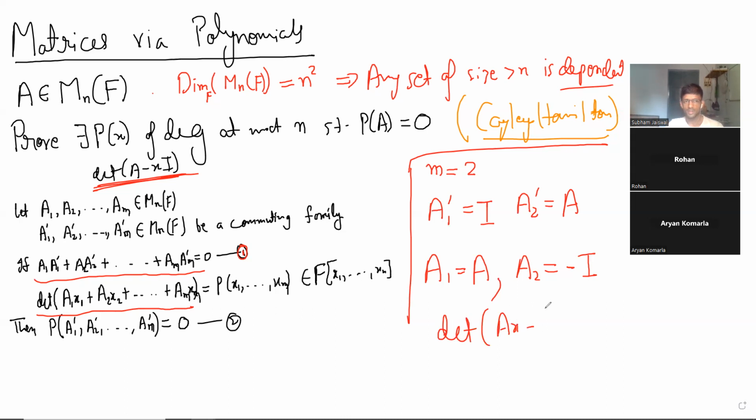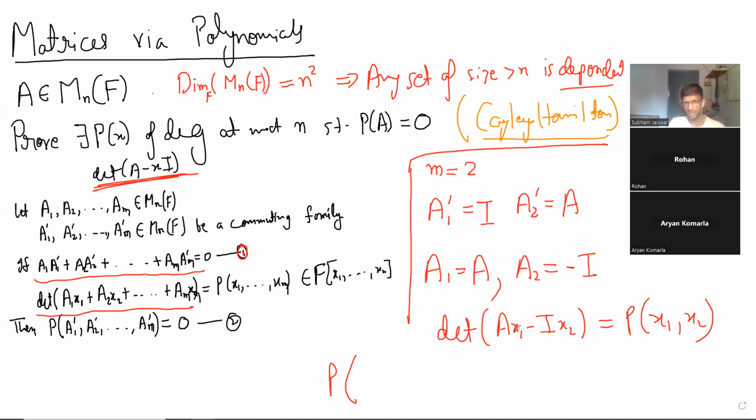And so you just have that a1x minus I. This is a polynomial which is satisfied. So here in this polynomial, a1 prime, 1. Right?